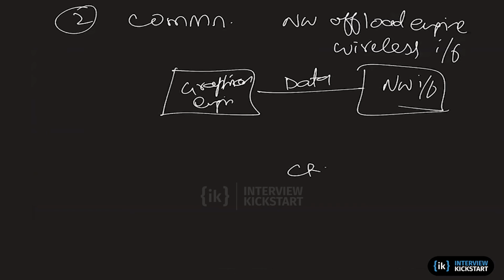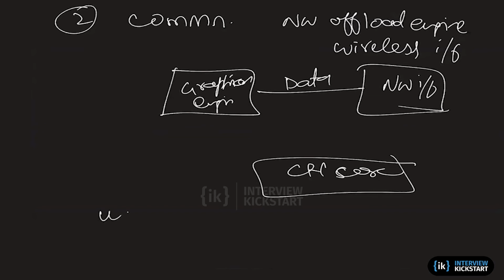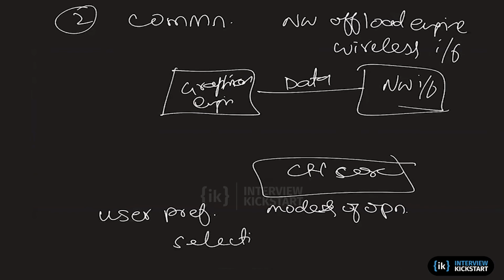So this is the control CPU, control core. From a control CPU point of view, you are taking care of knowing the user preferences, then modes of operation, and then selecting algorithms like camera based versus sensor based, and then communication.